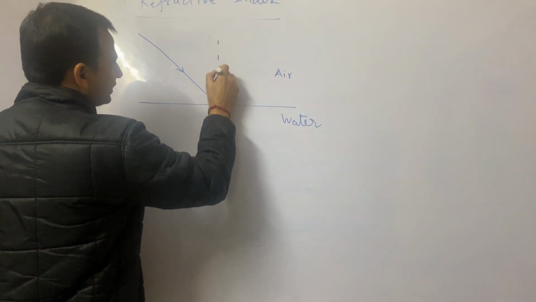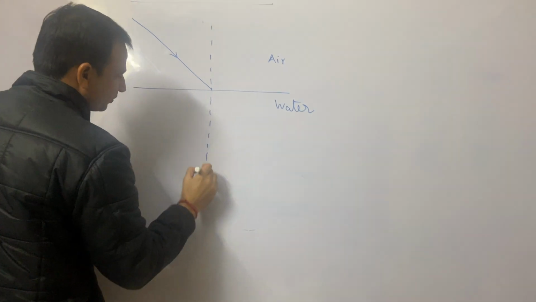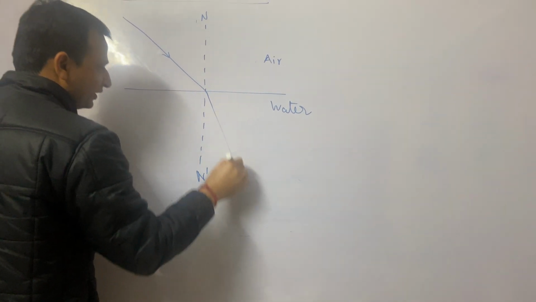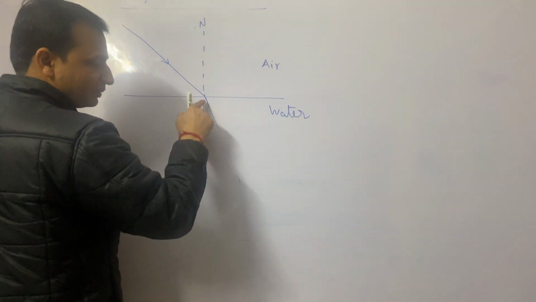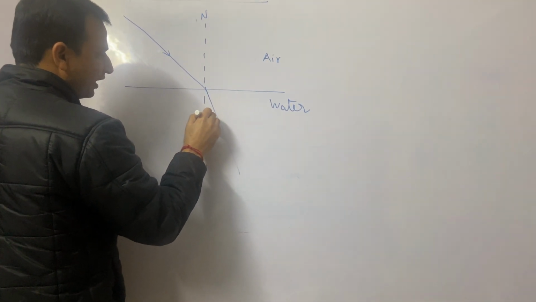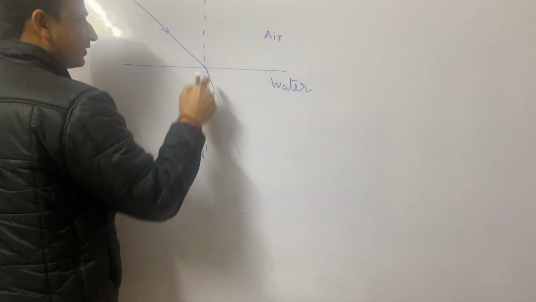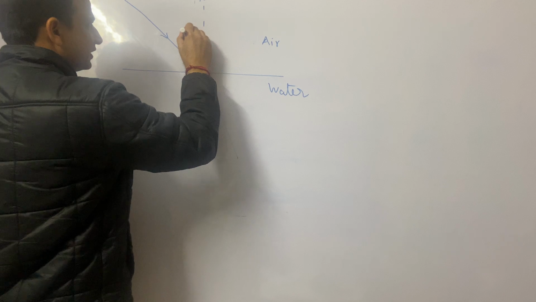Let me draw a normal here. This is the normal, N dash and N, and the ray of light is making an angle r after the refraction. So this is the angle of refraction and this is the angle of incidence.